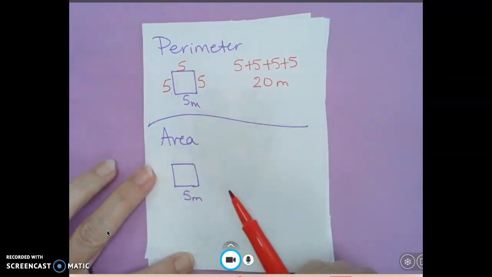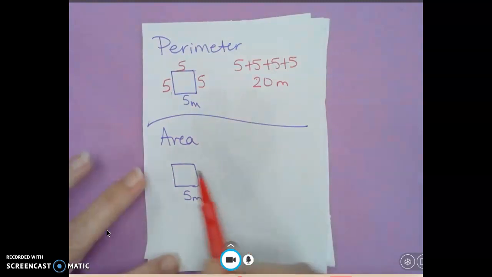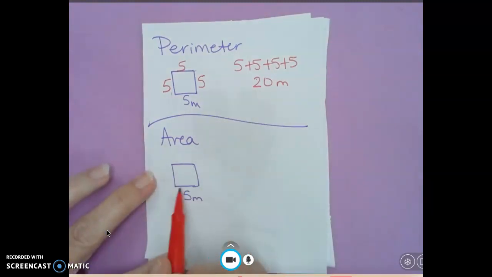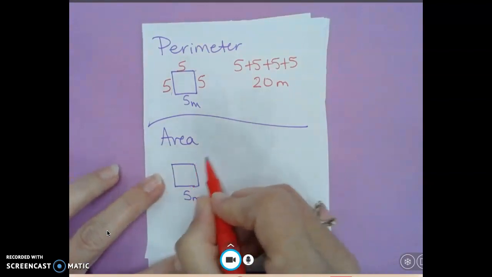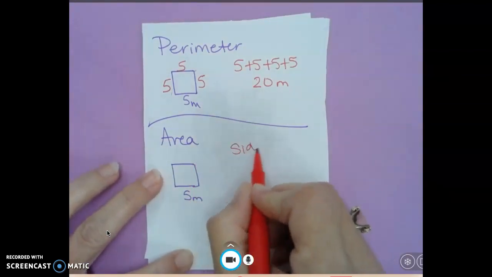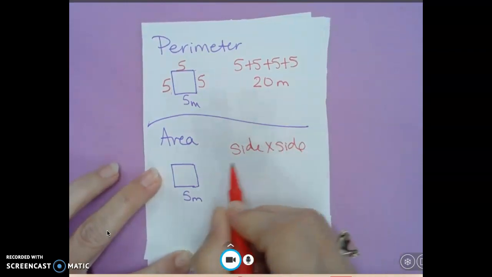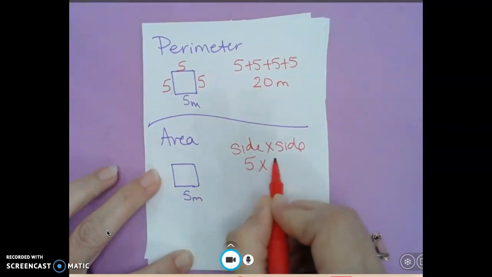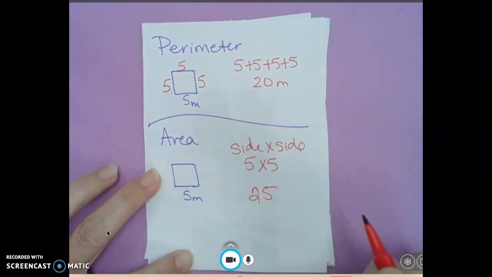Now, if we were going to do area, that means we're going to do the inside. Let's say if we wanted to buy enough grass to cover our pasture, that would be area. And area for a square is going to be side times side. Side times side is going to be 5 times 5, and 5 times 5 gives us 25.